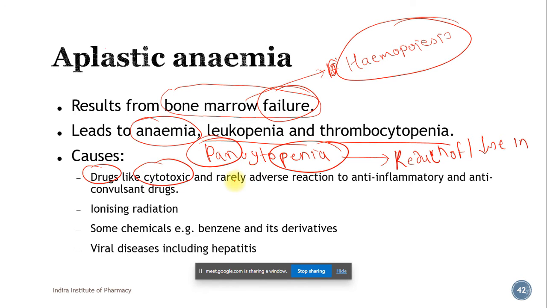cause aplastic anemia. Then rarely adverse reaction to the anti-inflammatory and the anti-convulsant drugs. Adverse reaction means side effect.